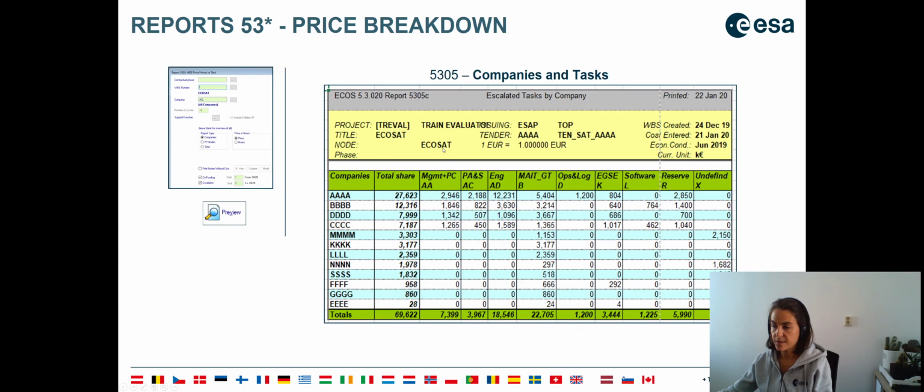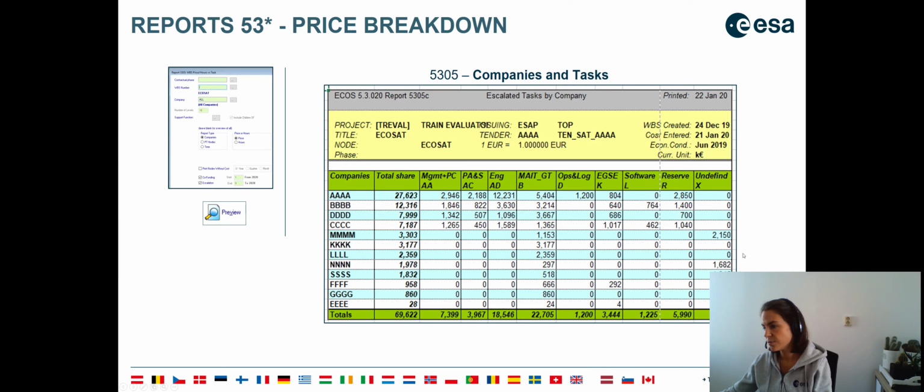So here it's indeed very useful to see how much has been spent for project office, what's the percentage of engineering, is there MIAT involved or not, was some management reserve included in the file, are there some undefined work packages, meaning probably budgetary subcosts that should have been replaced by a tender file.